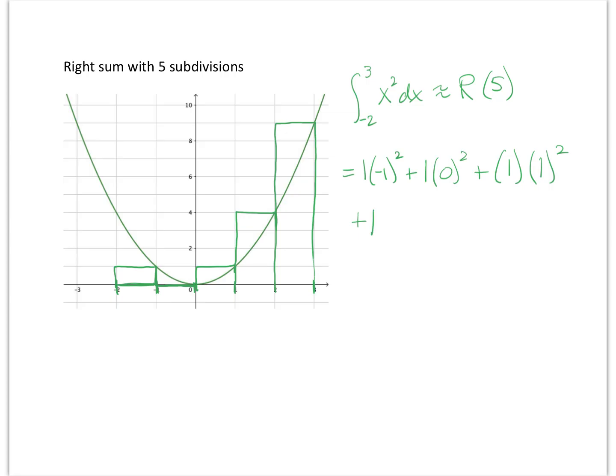Height is the height of the function at the right endpoint. In this case, that's a 2. So 2 squared gives me 4. And then the last rectangle is base of 1. And then the height is 3 squared. Take this value of 3, plug it into the function x squared, and you get 9. And when we add that up, we have 1 plus 0 plus 1 plus 4 plus 9, which is 15.